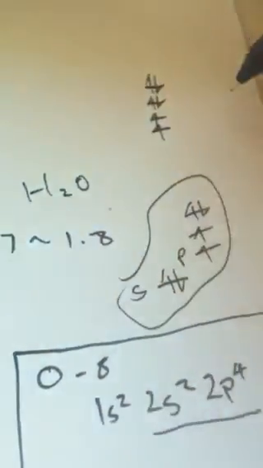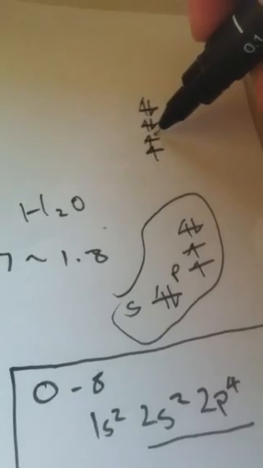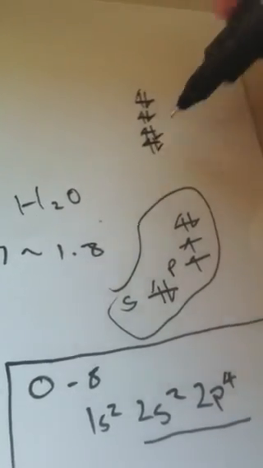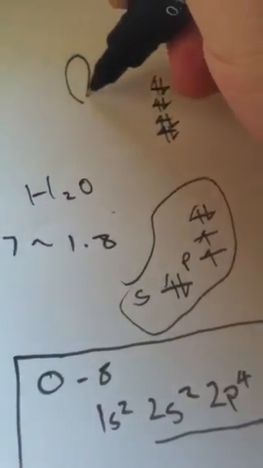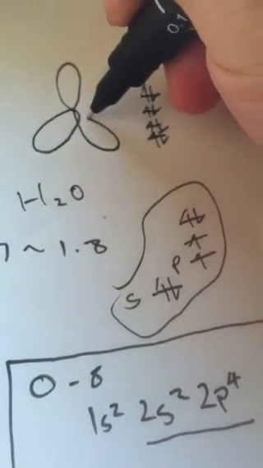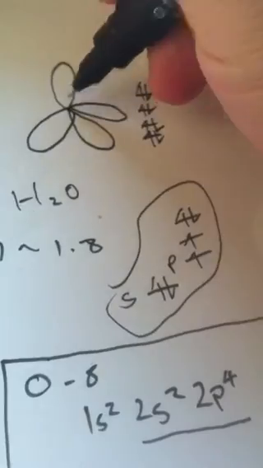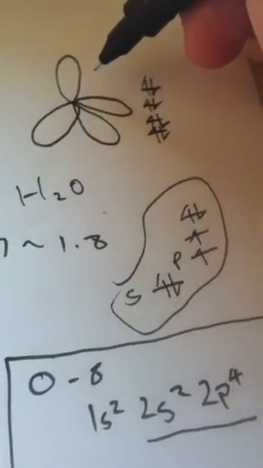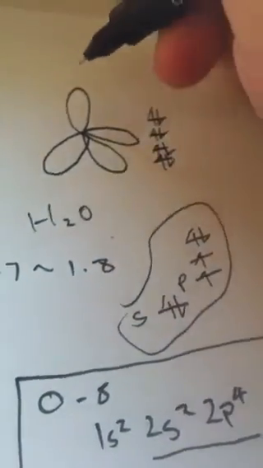When hydrogen bonds in H2O, the hydrogen's electron comes over here and here, meaning this is an oxygen atom with all its sp orbitals. This sticks out that way.